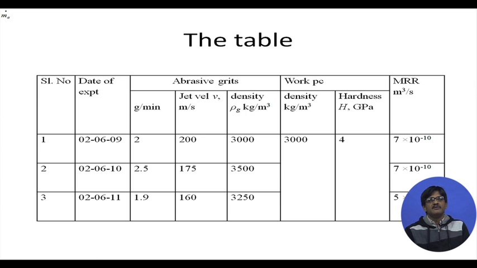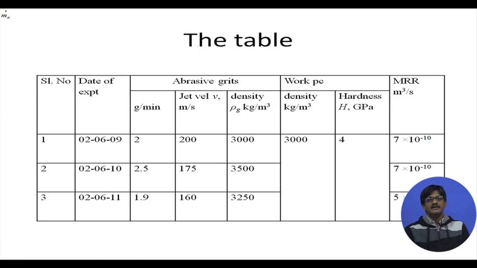So, date of experiment 26/09, date of experiment 26/10, that means 2010, and date of experiment 26/2011. So, time wise there is absolutely no problem. We are measuring the performance after 1 year, and we have taken 3 measurements. Okay. So, that is easy to understand.